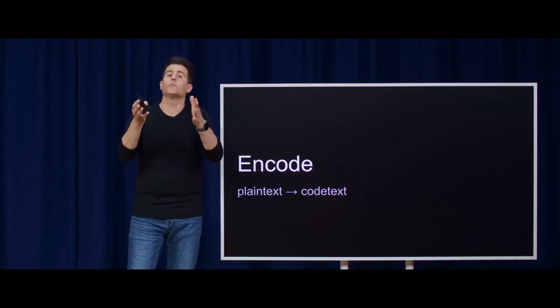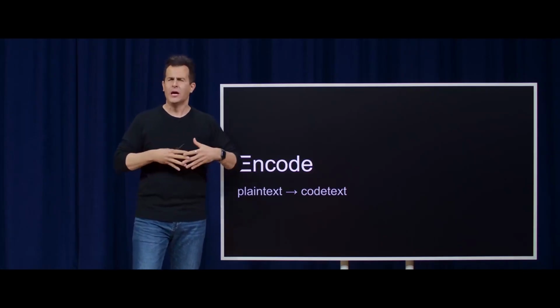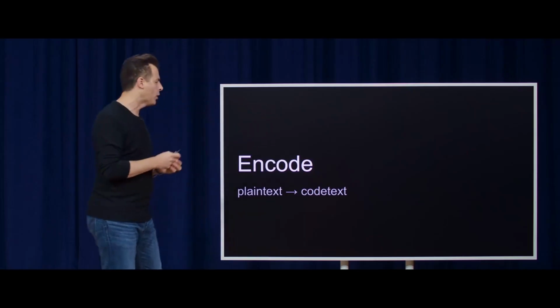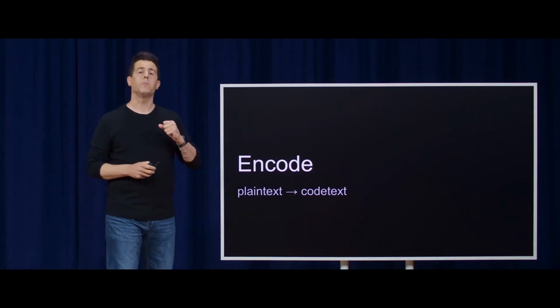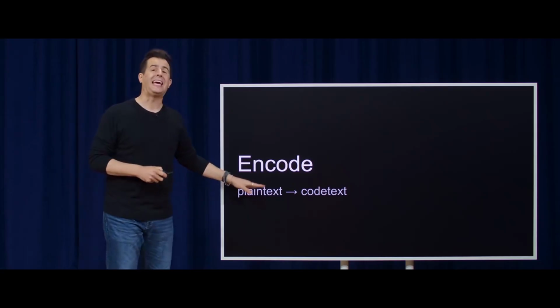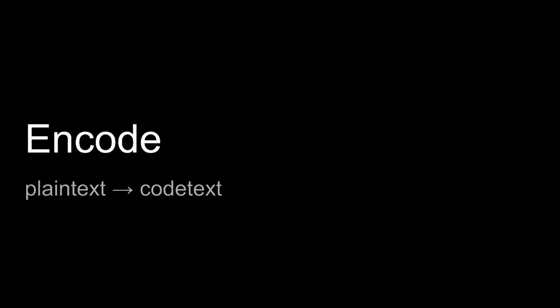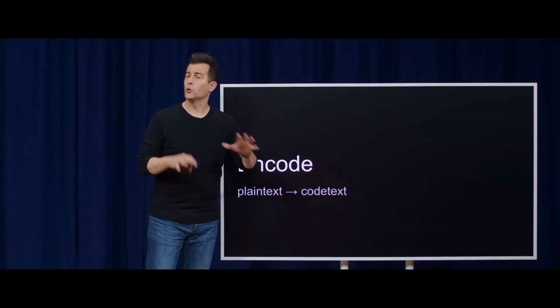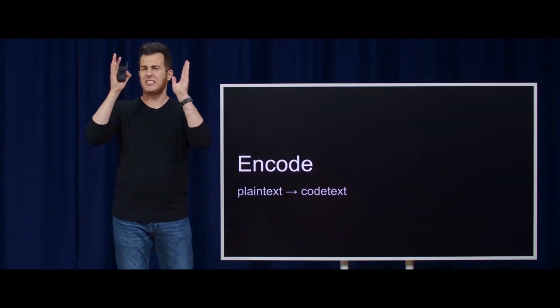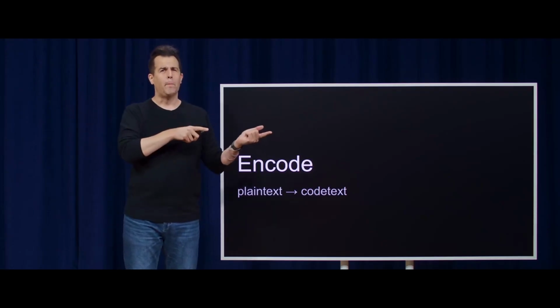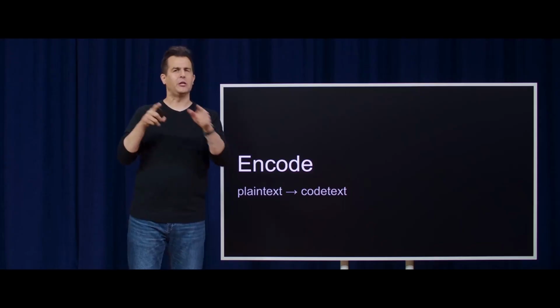But there are some terms of art here that are worth knowing, and you might actually use them in everyday contexts, but not necessarily for the same purpose. So encode, what do we mean by that? It means taking a plain text message, be it in English or any human language, and taking that as input and producing as output code text. So the code text might be a short, succinct sequence of words that might actually be English words, but they're not meant to mean what they normally mean.